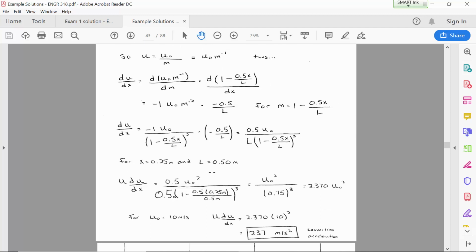Remember that convective acceleration is what causes velocity to change with respect to position, and so that's non-uniform. Local acceleration is associated with flow that's changing over time, so that would be unsteady flow. Convective acceleration is associated with non-uniform flow.